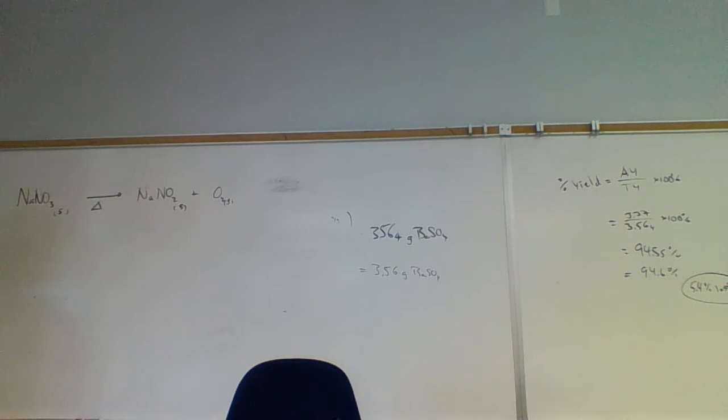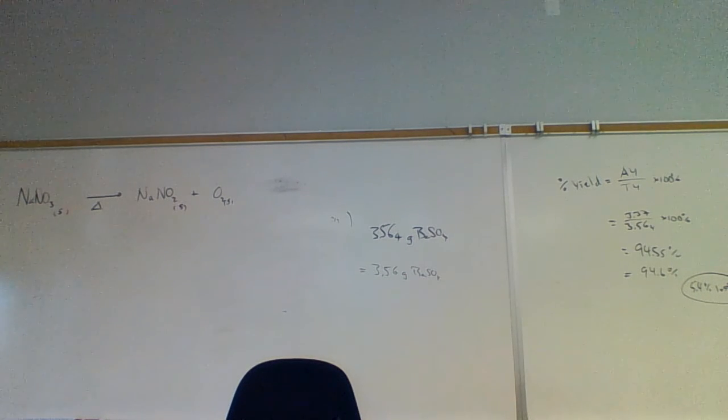Is it balanced? Normally when we balance this, we split it up into half reactions, etc. But this is not a skeleton. I can tell this is not a skeleton because they're just telling us what forms from this. So they're telling us all the products.